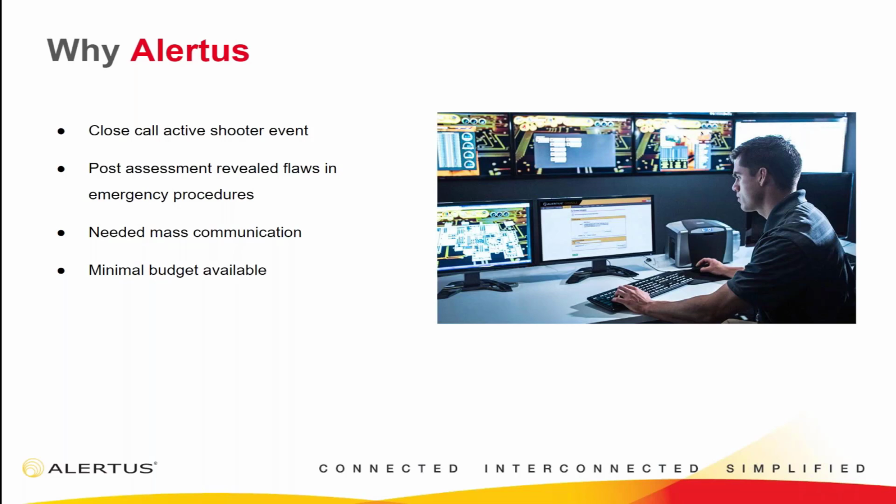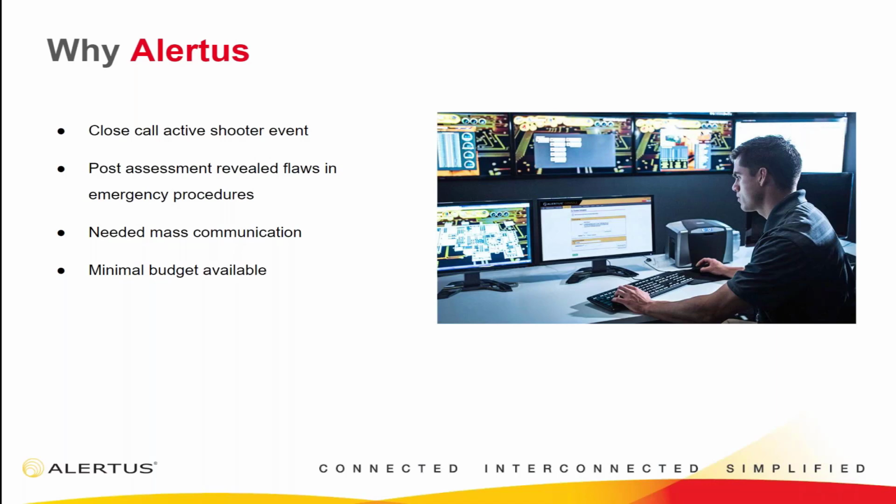But after we assessed what happened, once he left and it was revealed that it was just a set of keys, we noticed that a lot of our upper level staff, our managers, our VPs, had all come into the area with this potentially dangerous person.